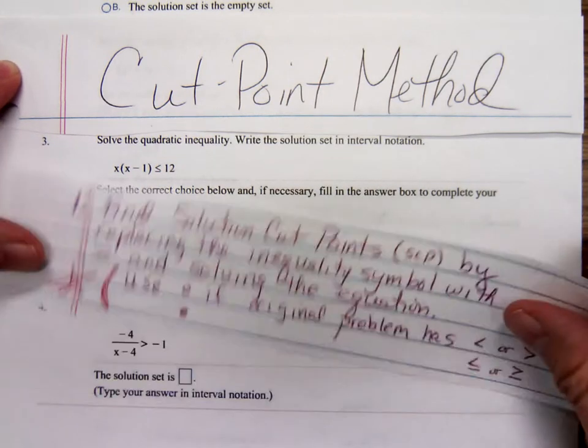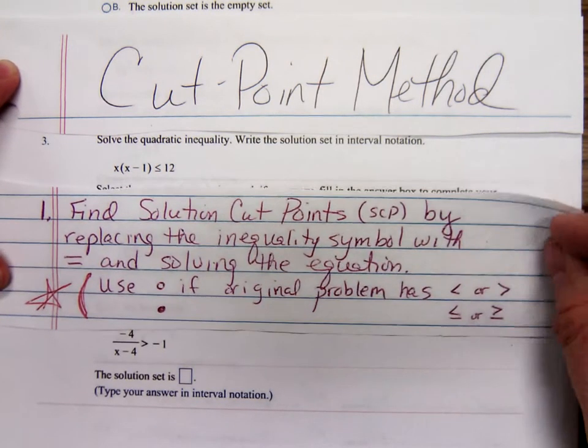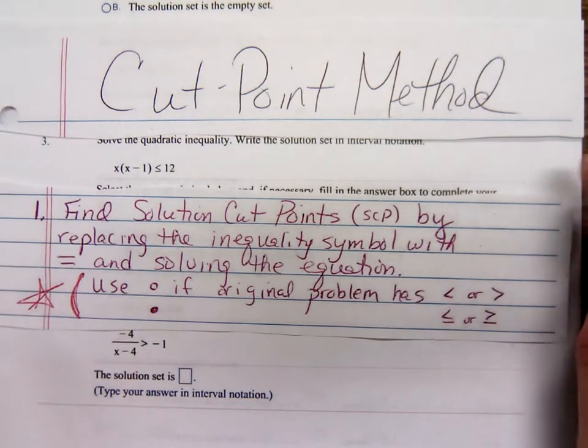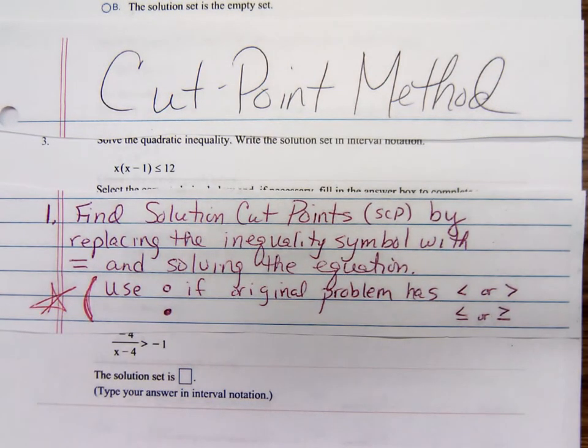To get started, you're going to find what we call the solution cut points, which is: replace the inequality symbol with an equal sign and solve for x, or whatever the variable is. So replace the inequality with an equal sign, solve for x.